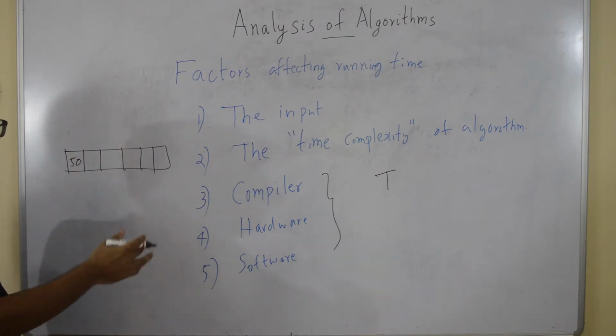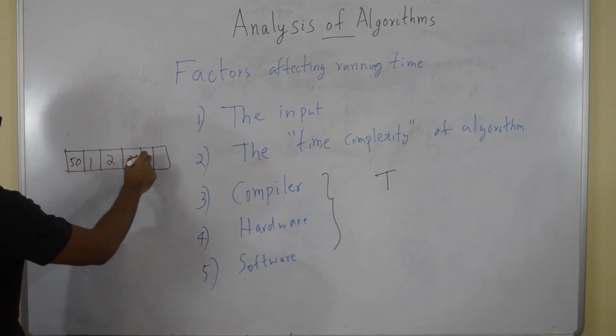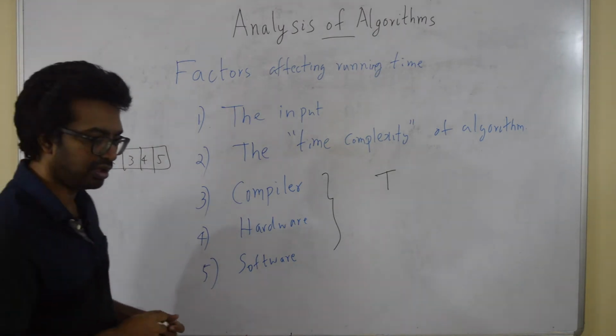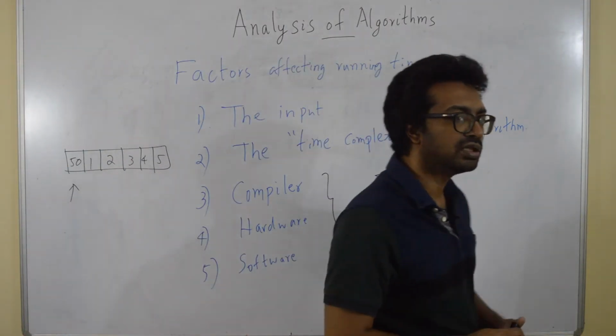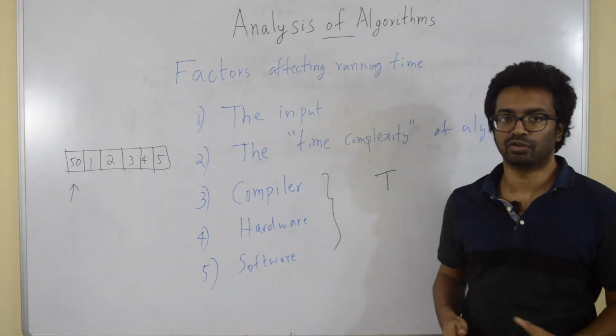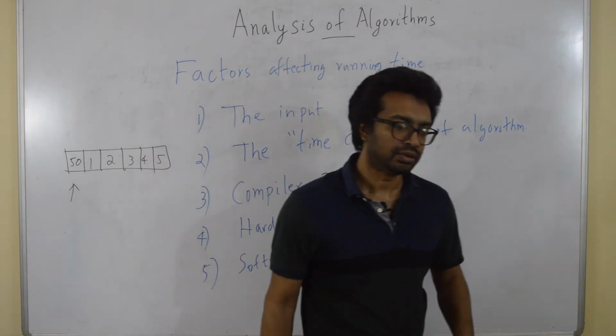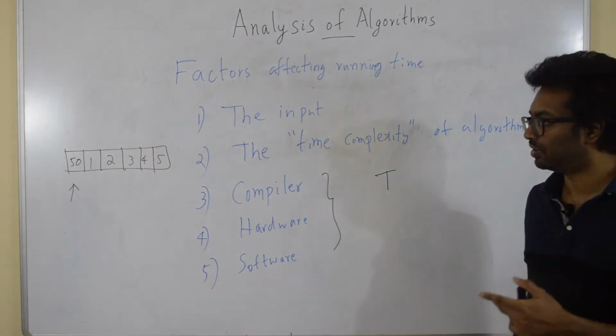We are interested in finding out the maximum, right? So 1, 2. Now, if the input is like this, and you are interested in finding the maximum, you can obviously write an algorithm which just returns the first element. Then it's pretty fast.